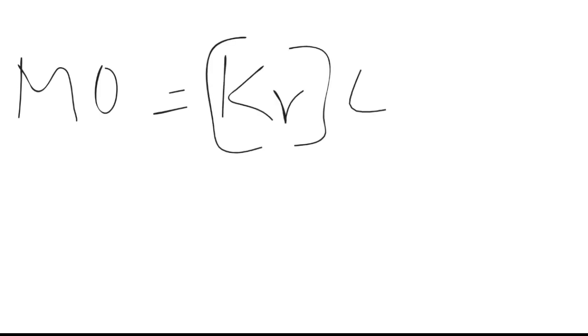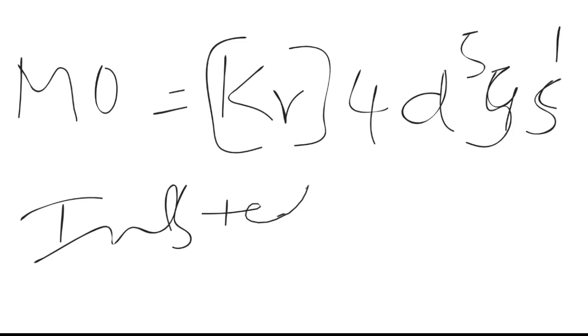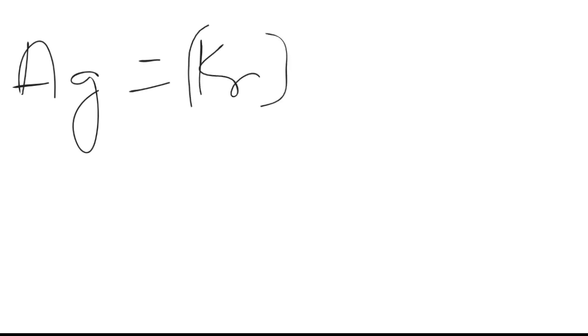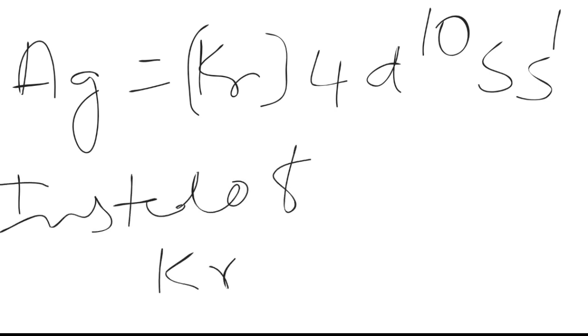The same trend we can see in the second transition series also. For example, molybdenum has krypton 4d5 5s1 instead of krypton 4d4 5s2. And silver, of the same group as copper, has krypton 4d10 5s1 instead of 4d9 5s2.